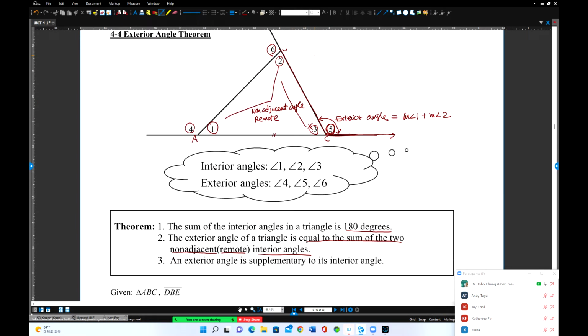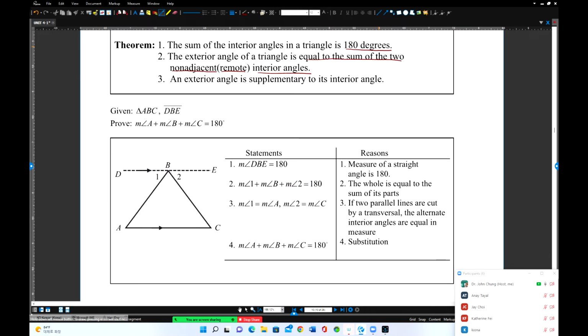Another one over here: each interior angle and its exterior angle are always supplementary. The sum of an interior and its exterior angle is always 180. So the measure of angle 3 plus the measure of angle 5 equals 180 degrees. They are supplementary angles. Okay, don't forget this one.